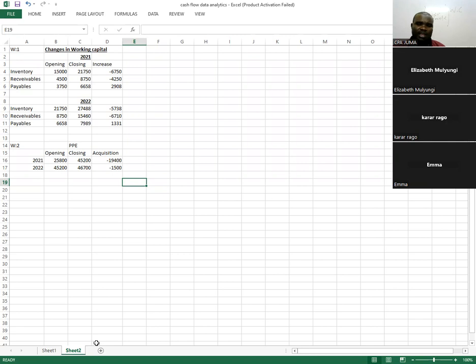Then during that year, that asset depreciated by how much? Depreciation in 2021 was 800. So we need to take 25,800 minus 800 depreciation. What remains is what we compare with the closing figure. So depreciation we need to adjust.